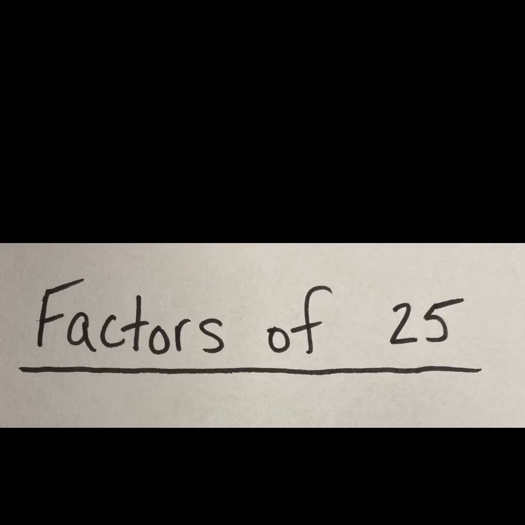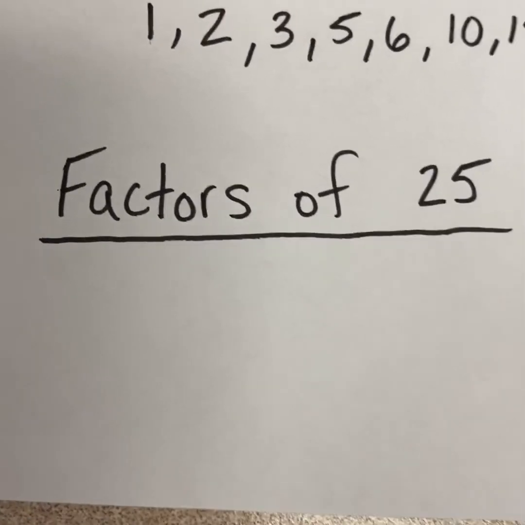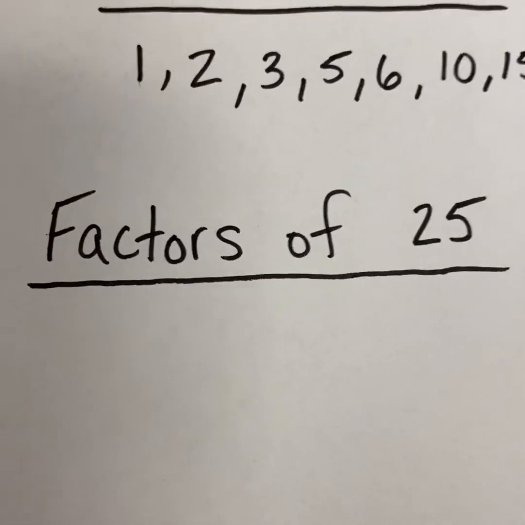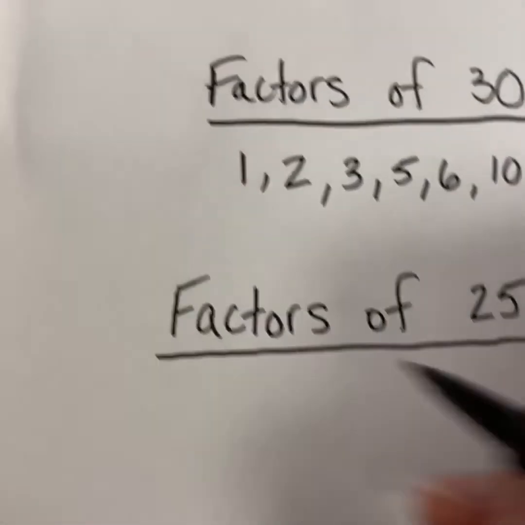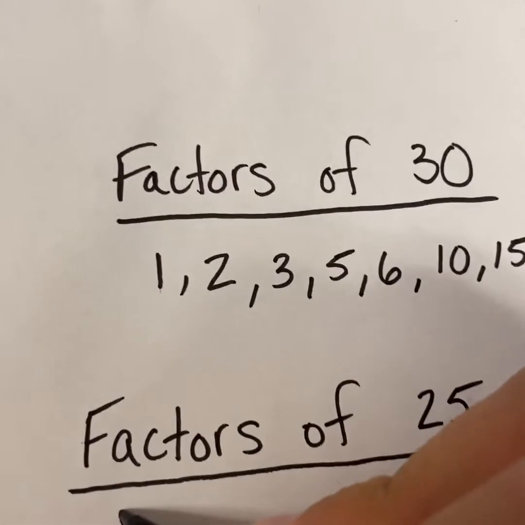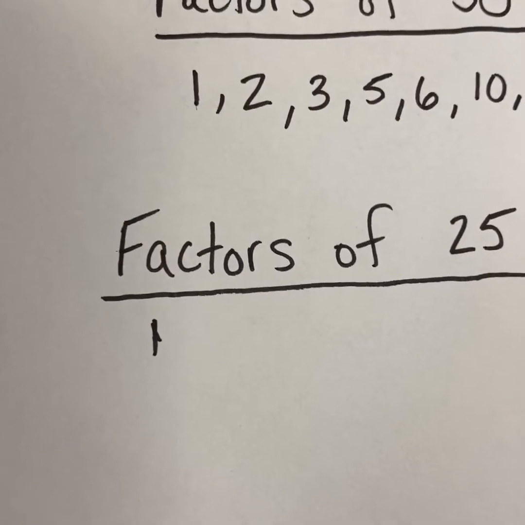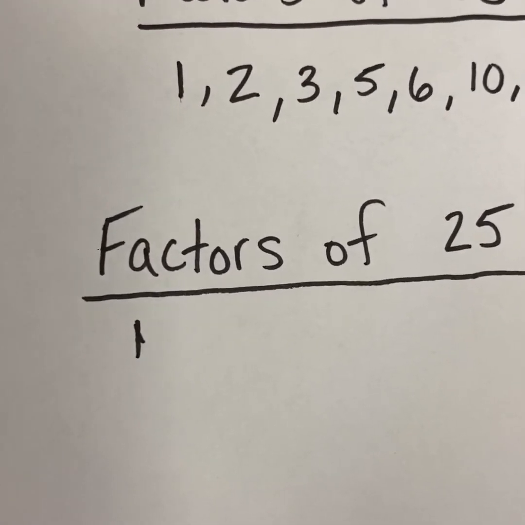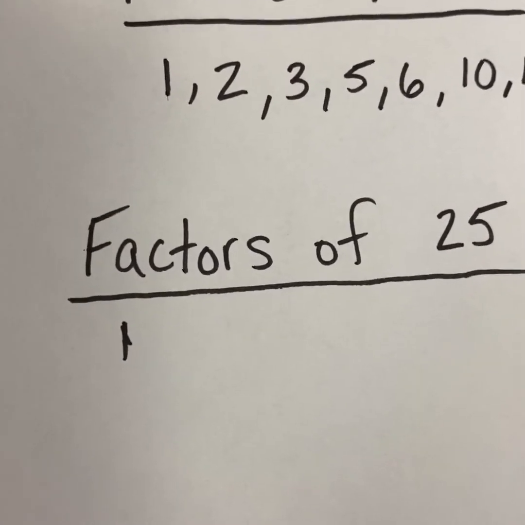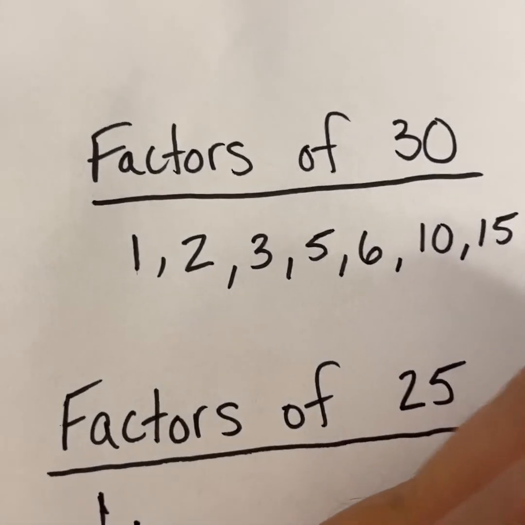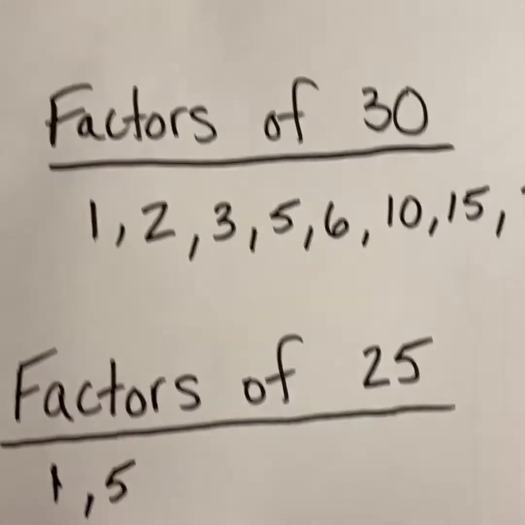We're getting there. But before we get to that, let's find the factors of 25 first. We're going to go through that same process, through our counting numbers. 25 divided by 1 is 25, so 1 would be a factor. 2 would not go into 25 evenly. 3, no. 4, no. 5, yeah, 5 times 5 is 25, so that would work perfectly.